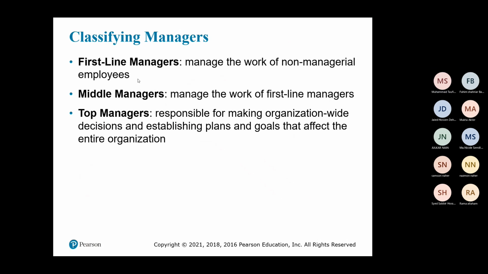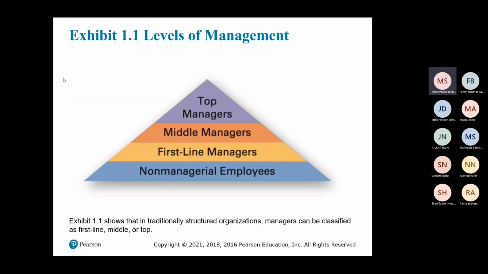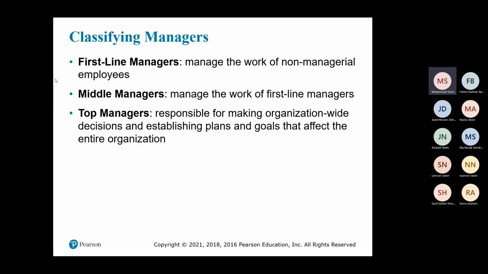You can see there are several types and layers of managers, so what are their functions? The first layer of manager is the first line manager. First line managers are the first line of management to manage the staff.